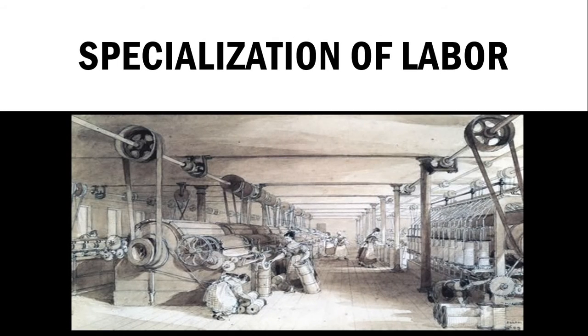Specialization of labor. Adam Smith's concept of division of labor and the invisible hand of the capitalist, introduced in his treatise The Wealth of Nations, motivated many of the technological innovators of the Industrial Revolution to establish and implement the factory system.